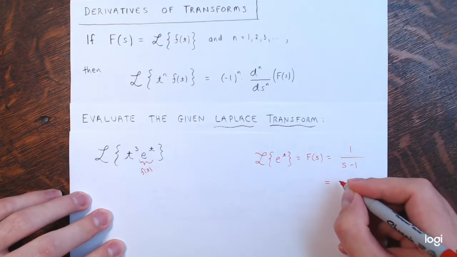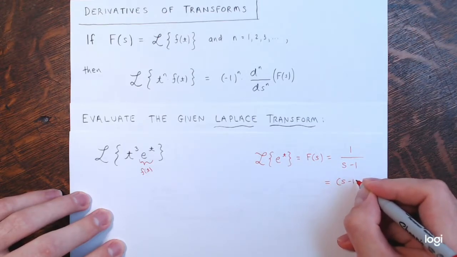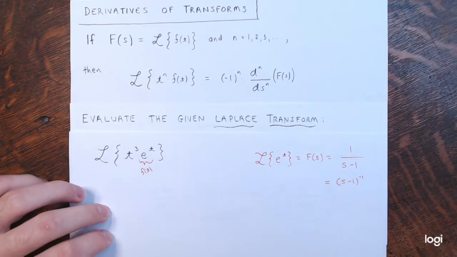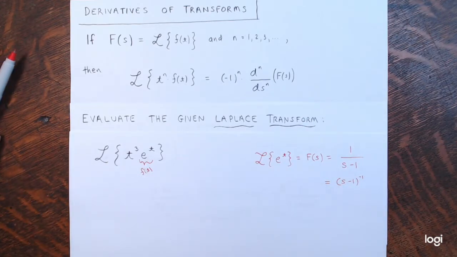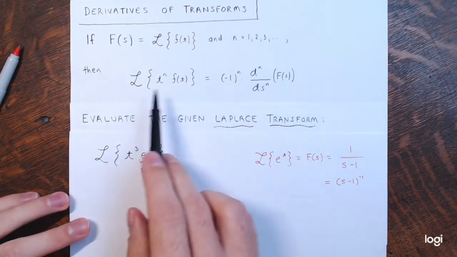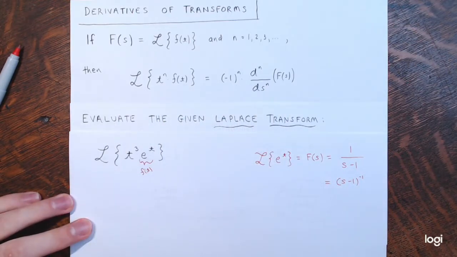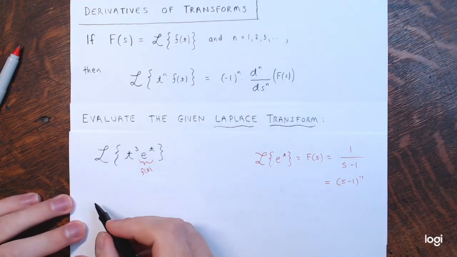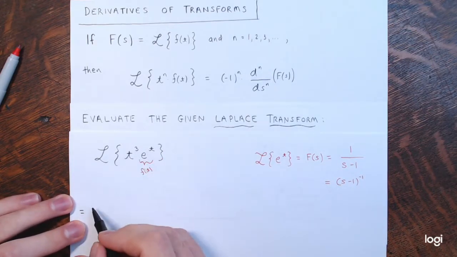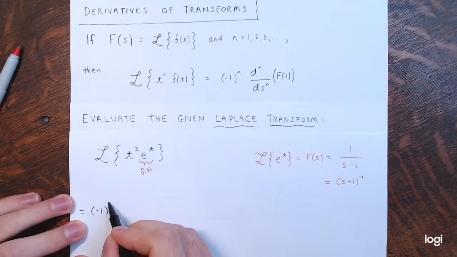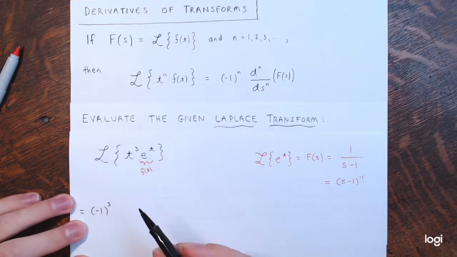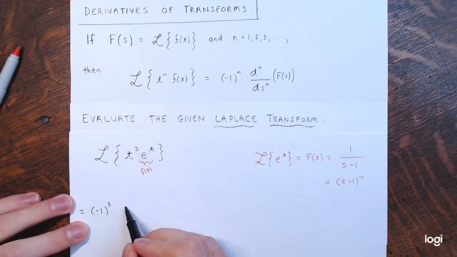Or, to make derivatives easier, s minus 1 to the negative first power. And then applying the rule for transforms involving derivatives, this will be equal to negative 1 to the third power, which is just negative 1, times the third derivative of F of s with respect to s.